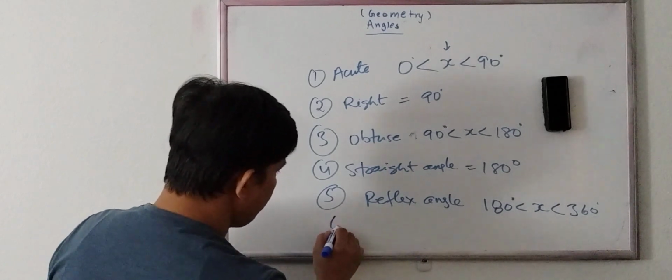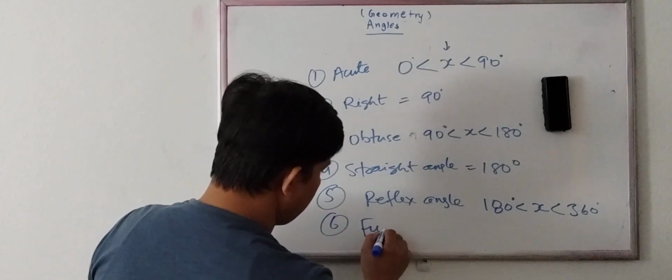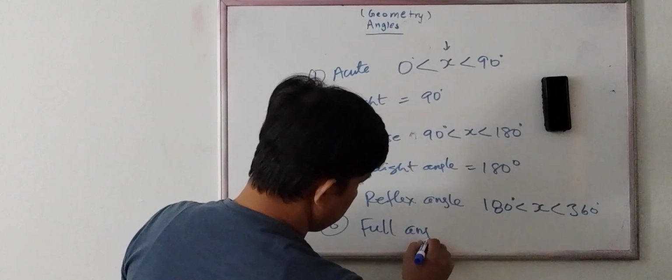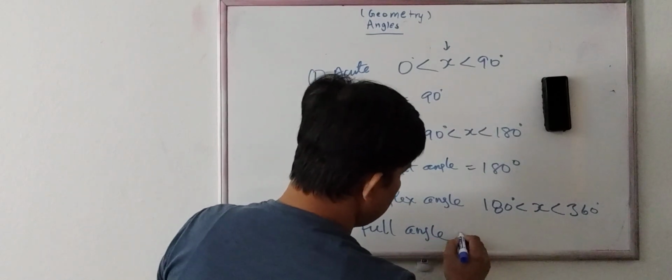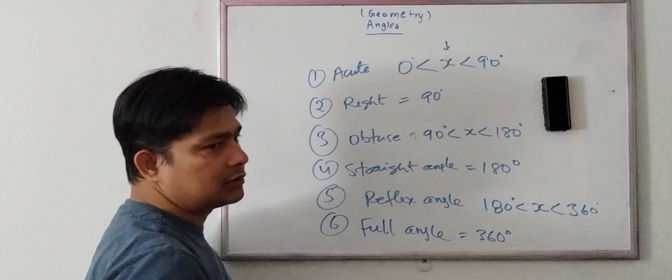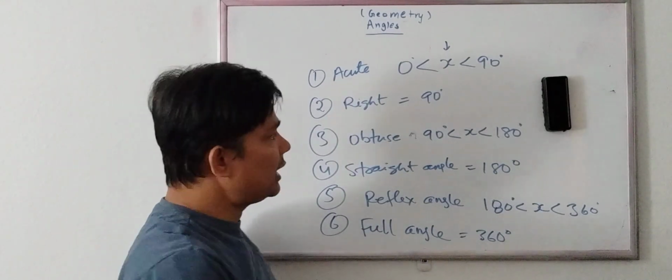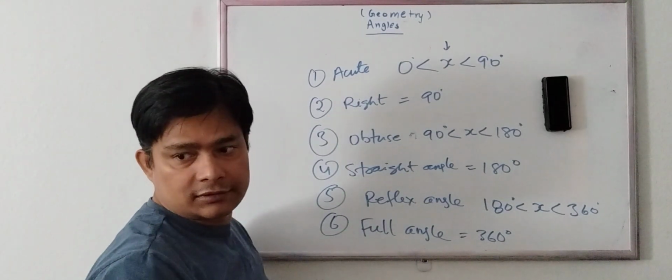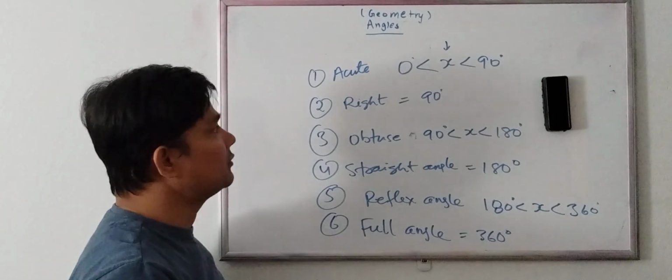And then you have full angle. Full angle will be 360 degree. And we already saw the shape of these angles, okay? So this is the definition.